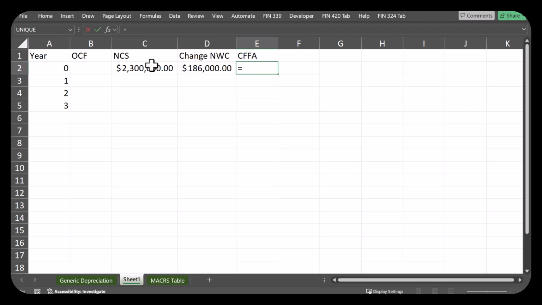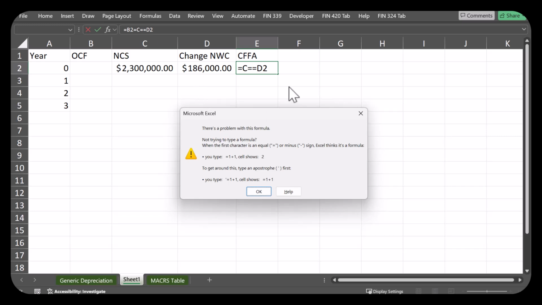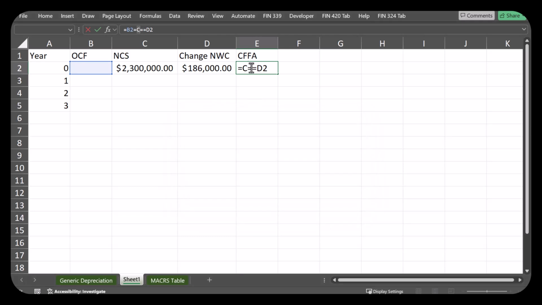And CFFA is OCF minus net capital spending minus change in net working capital. Of course, instead of minus, I put in negative. Or instead of negative, I put an equal sign. What's going on here? Let's redo this.